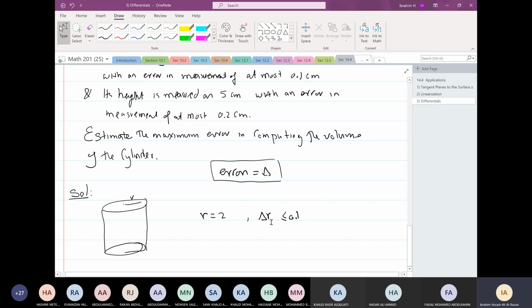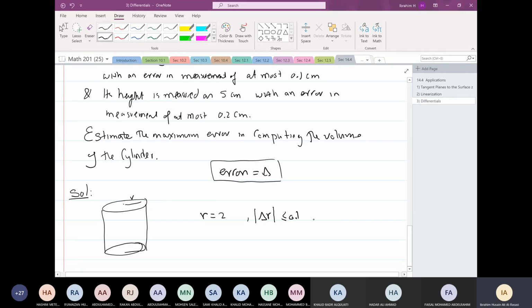Really the delta R here could also be negative. So how to handle the negative values? We just put absolute value. You say absolute value of delta R is less than or equal to 0.1, either in the increasing or decreasing direction. Maybe it is 2.002 or 1.098.